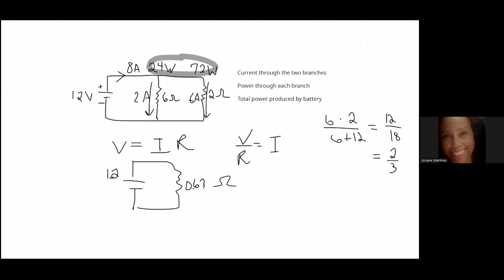So now, in fact, because the numbers are so nice, the multiples of 3 and 2 here, I'm going to use a fraction. So we're going to now think about this again in terms of Ohm's law and Joule's law. What is the current flowing through this second equivalent circuit? It's going to be 12 divided by 2/3. So it's 12 times 3/2.